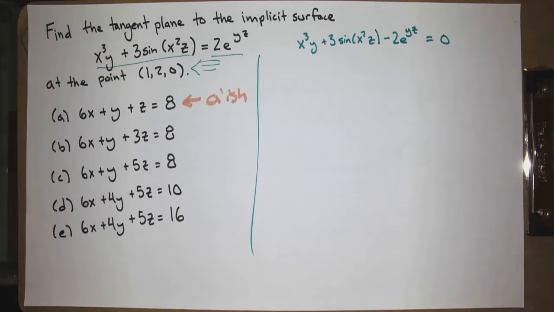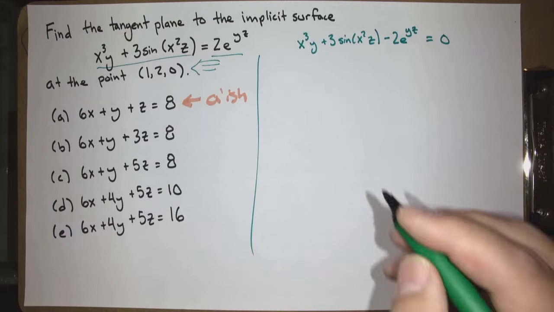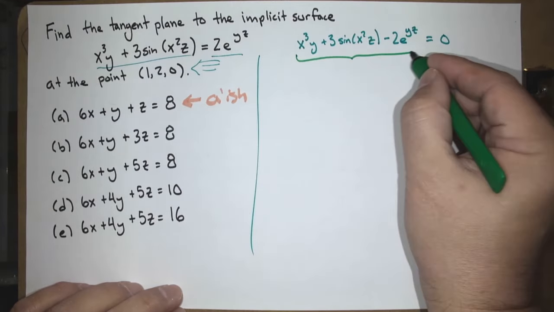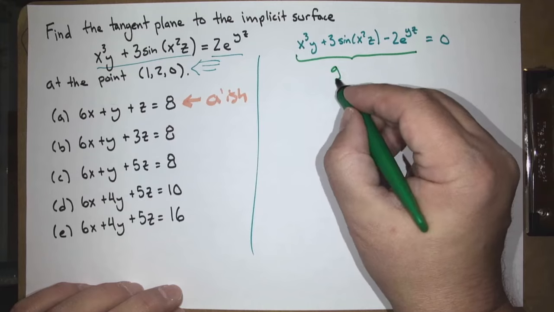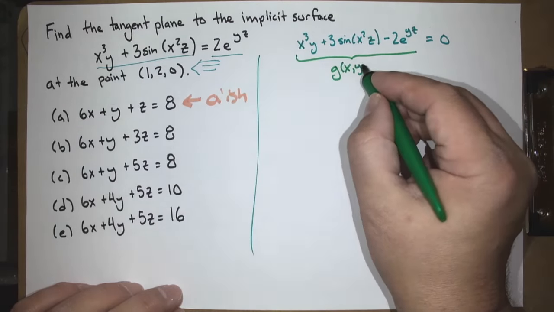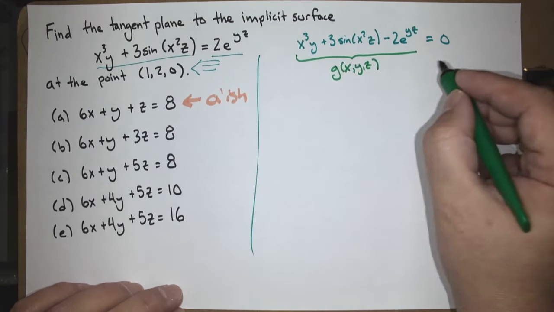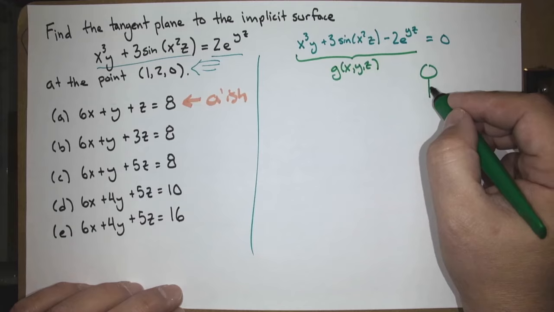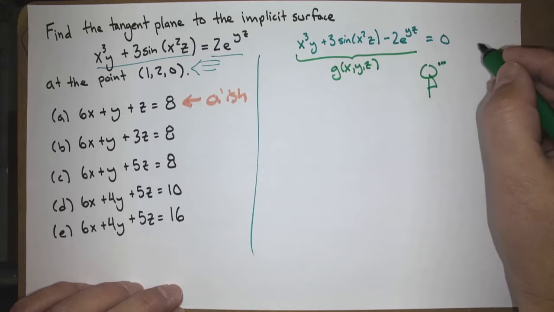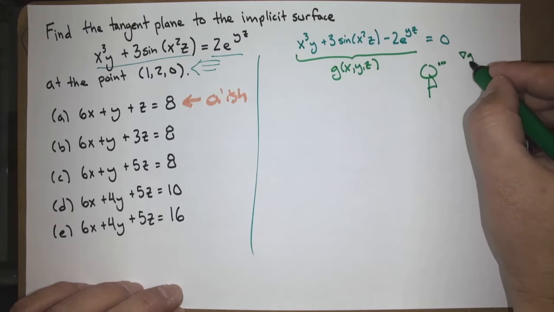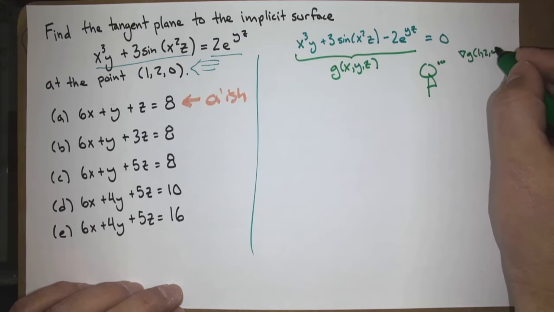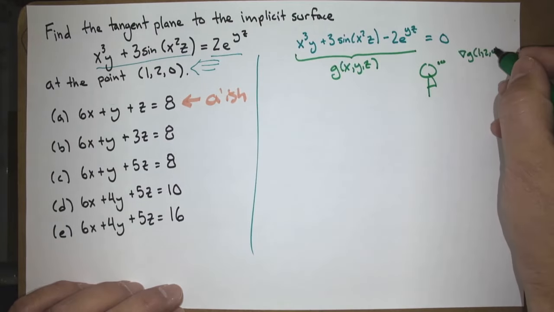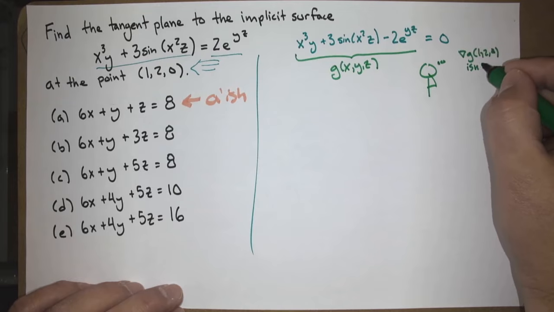And why are we doing this? Well, the goal is to think of this as a function. We'll come up with a name, g of x, y, z. And the great idea, we remember that the gradient of g at our point 1, 2, 0 is the normal.